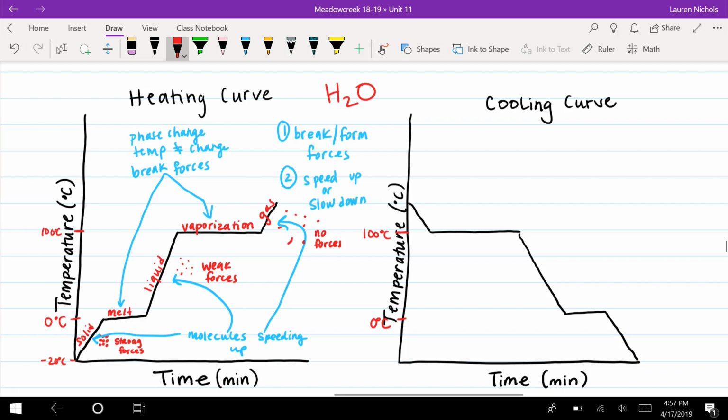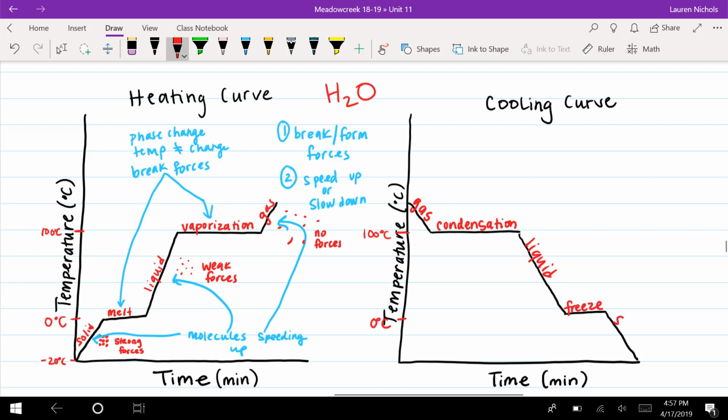Now, a cooling curve is exactly the opposite. A cooling curve starts where the water is a gas at this high temperature. And then when it cools down to 100 degrees, it will undergo condensation. And when it undergoes condensation, it turns into a liquid. And when it turns into a liquid that eventually cools down enough to get to 0 degrees, it will start to freeze.